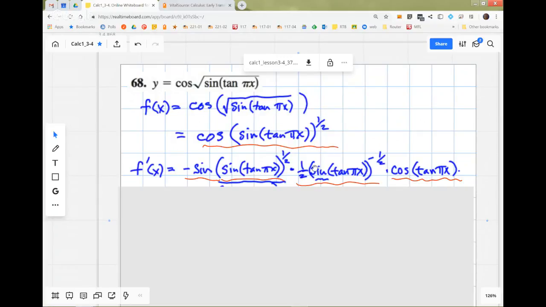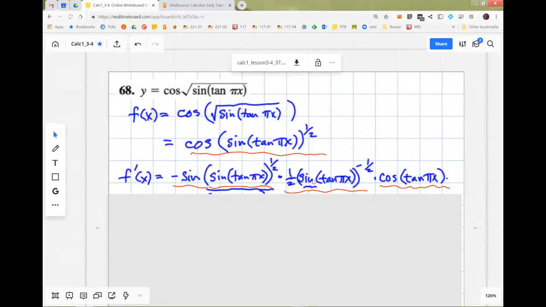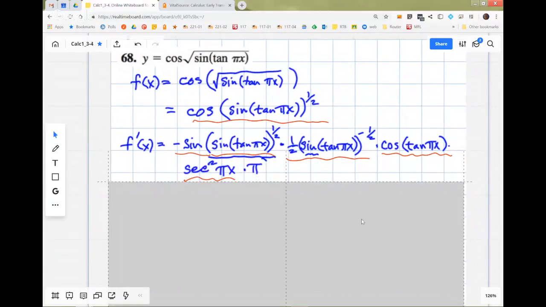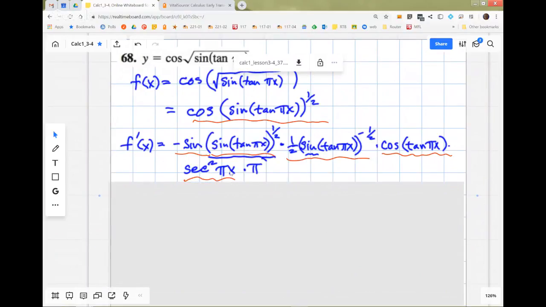So we do the power rule: 1/2 comes down, multiplied by that same base, reduce the power by 1. Now we've got this underlined thing, the cosine of tangent pi x. But we're not done yet, because the derivative of the tangent of pi x is the secant squared of pi x. And we're still not done, because the derivative of pi x is pi.